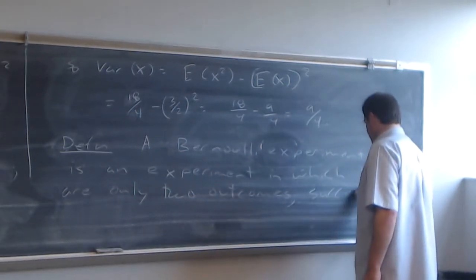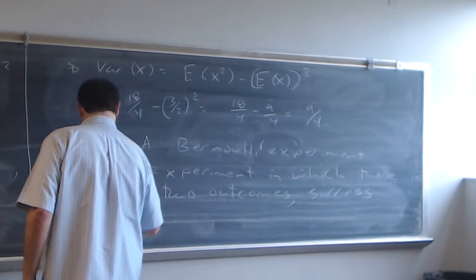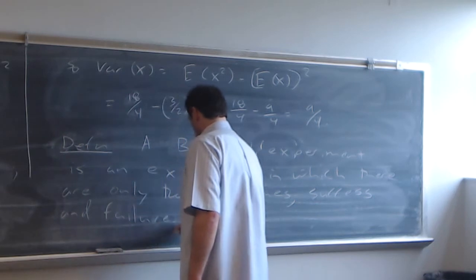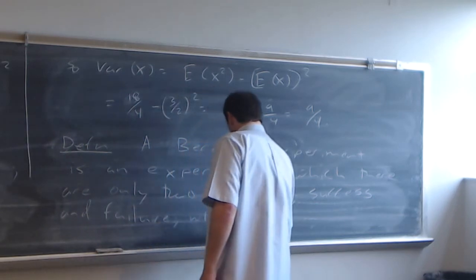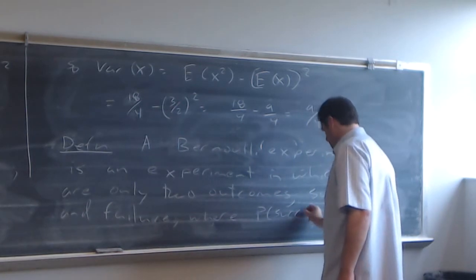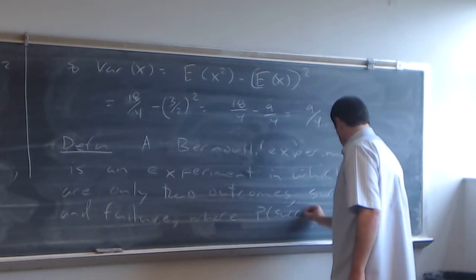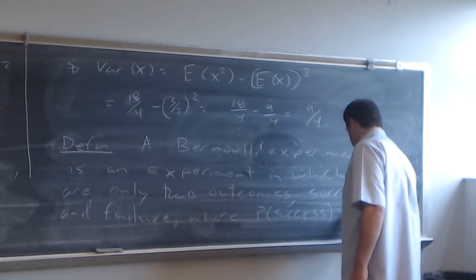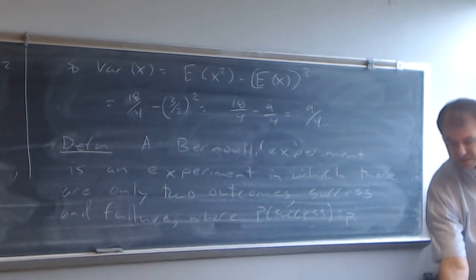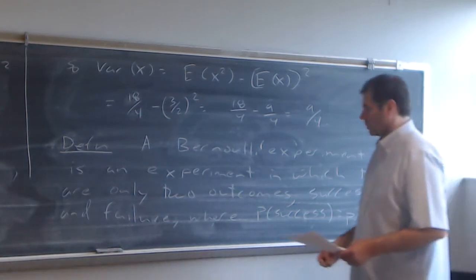Namely, we call them success and failure, where the probability of success is designated to be little p. So that's a Bernoulli experiment. We'll do an example a little later on.